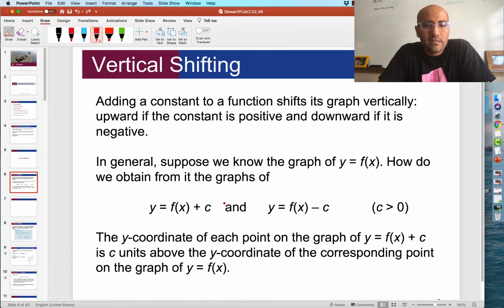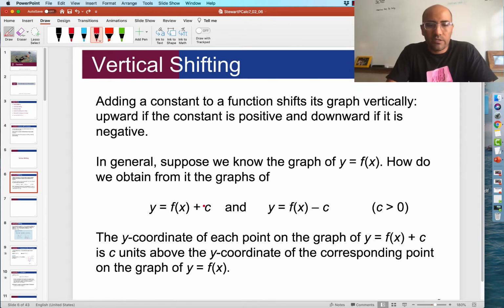Note that in this case, c is a positive constant. Therefore, plus c means that we're adding a positive value, and minus c means that we're subtracting a positive value. So we're going to explore what happens to the original function of f of x as we apply these constants.